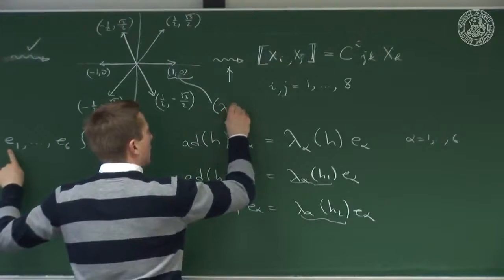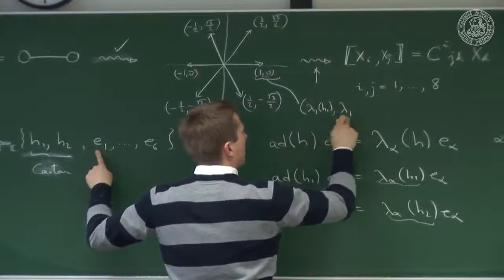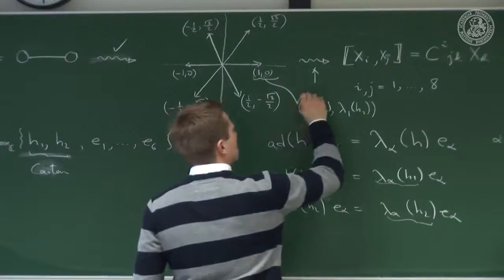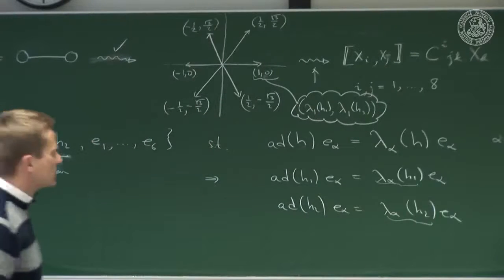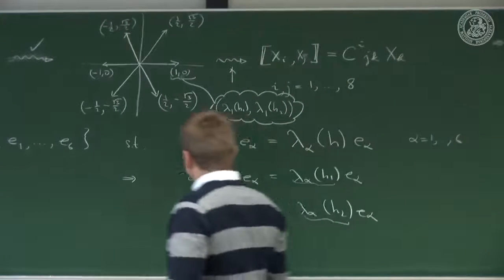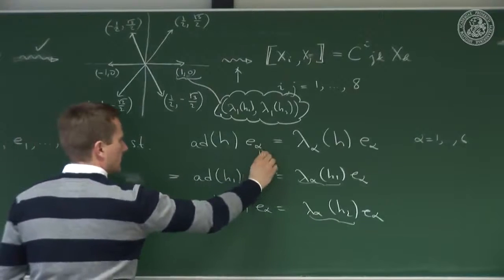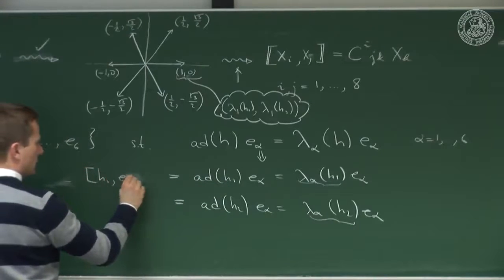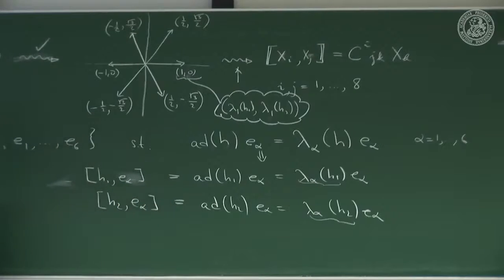It's lambda 1 of h1. And the second member of this pair is still lambda 1, but evaluated for the second basis element I chose here for the Cartan subalgebra. So taking this into account, this is one thing. And the other thing is that this ad, so I should write here an implication arrow like this, but this adjoint action is nothing but the bracket of h1 with e alpha. And this adjoint action is simply the bracket of h2 with e alpha.